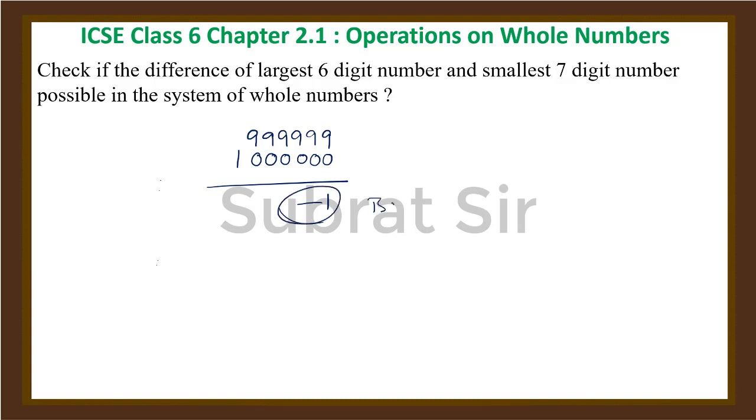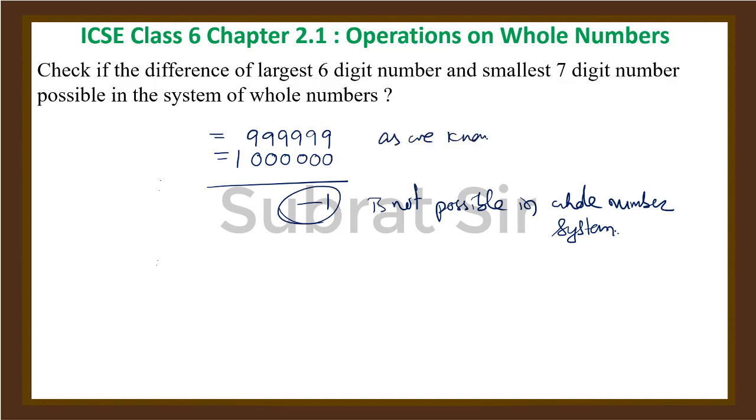It is not possible in the whole number system. But what will we write? We will write here, the 6-digit largest number is this one, the 7-digit smallest number is this one. As we know, 3, 4, 5, 6, sorry.